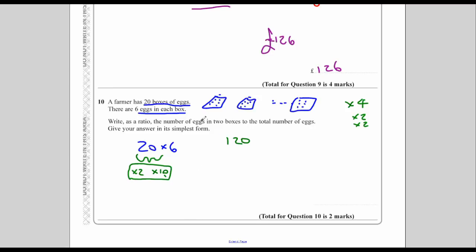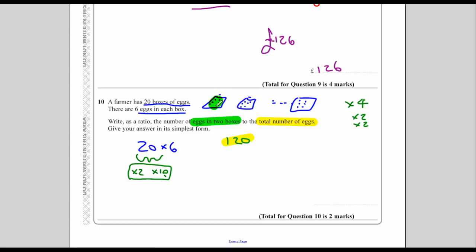Now, write as a ratio the number of eggs in 2 boxes to the total number of eggs, and we need to simplify. The number that we've just worked out is the total number of eggs, 120. We actually want also the number of eggs in 2 boxes.